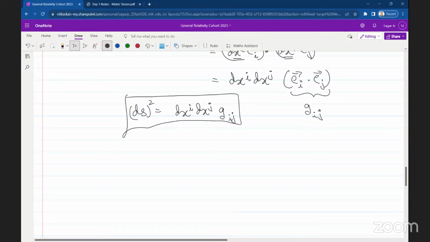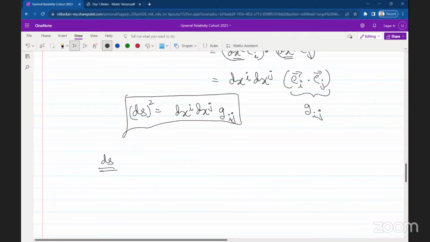Now this metric tensor basically gives you the coefficients for the displacement. This quantity ds is very important for a coordinate system.